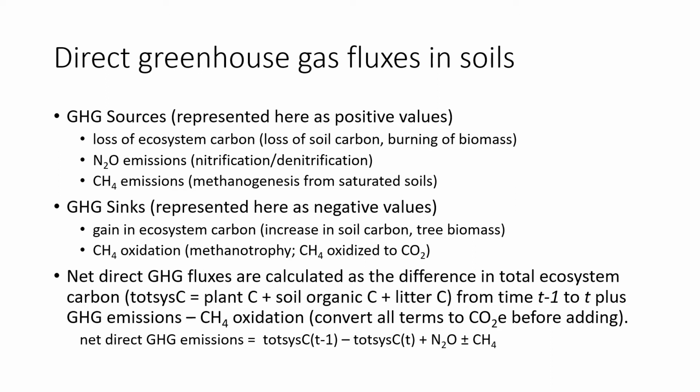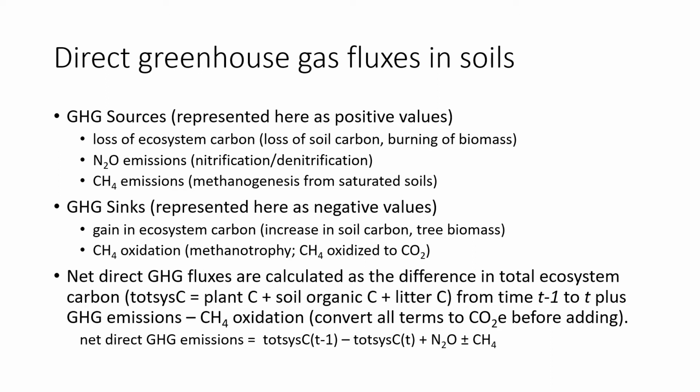But all terms have to be converted to the same common unit, and that common unit is CO2 equivalents, abbreviated as CO2e. Remember in your homeworks or your lectures about units conversion, when you add terms together, they have to all be in the same units. You can't add N2O and CO2 without converting them both to CO2 equivalents.